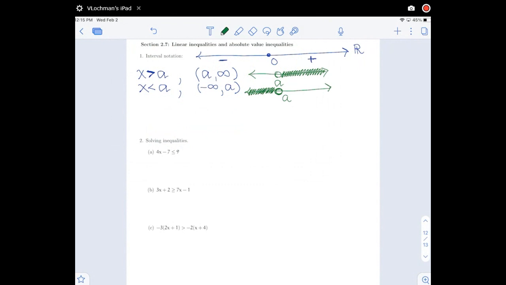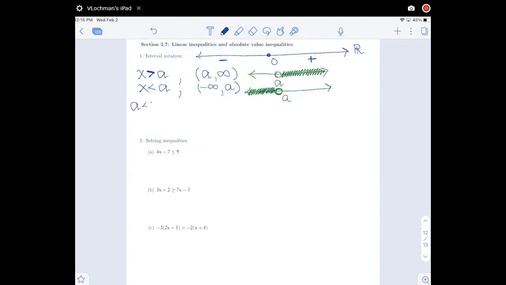Okay, for the inequalities, our solutions will contain a whole bunch of numbers, intervals, right? Infinitely many. So we need to know what's the proper way of referring to those solutions. Okay. Now, what if we have something like this?